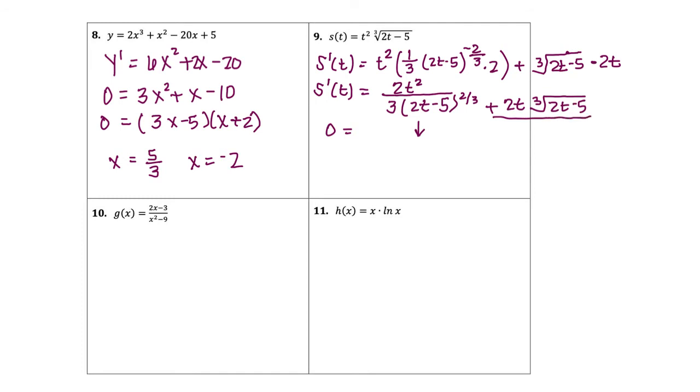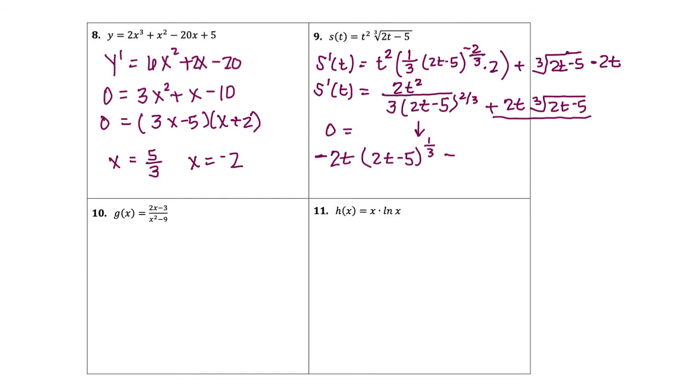So that's going to give me -2t times the cube root, or instead of writing cube root, let's write it to the 1/3, because I think it'll make this next step make a little bit more sense. So we're going to have 2 times t minus 5 to the 1/3.